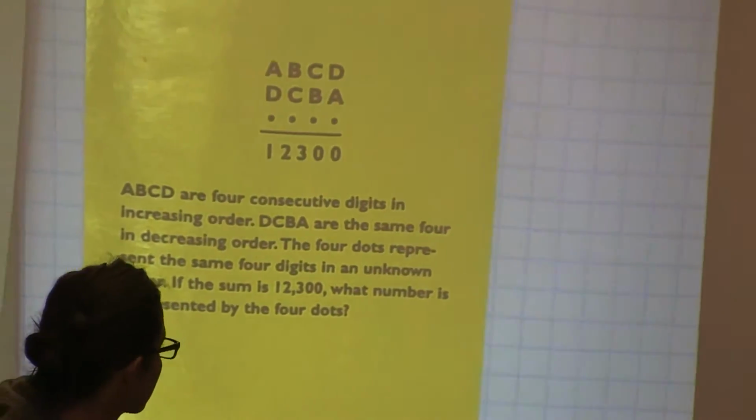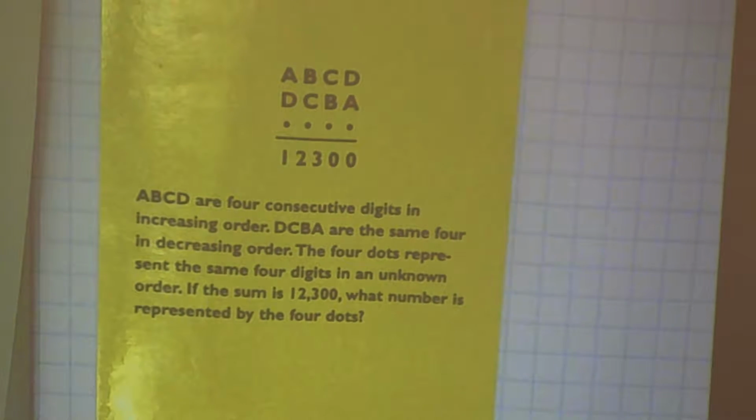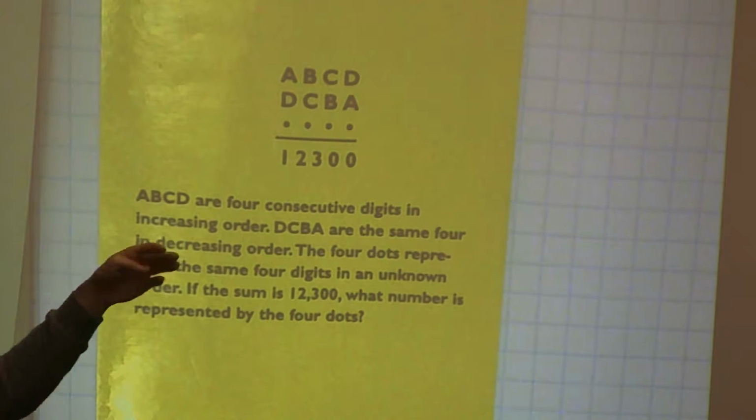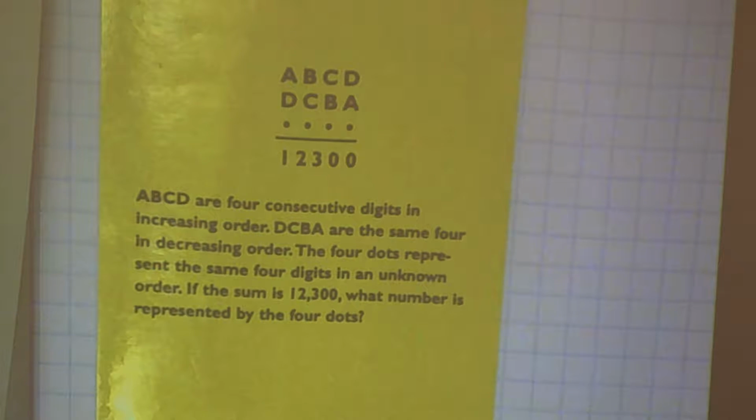Here's what we got. 4 letters, slash numbers: A, B, C, and D, in increasing order. So A, B, C, and D are 4 consecutive numbers. Consecutive means in a row, like 1, 2, 3, 4, or 5, 6, 7, 8. So A is the smallest, D is the biggest. Then D, C, B, A, the same 4 numbers, now in decreasing order.